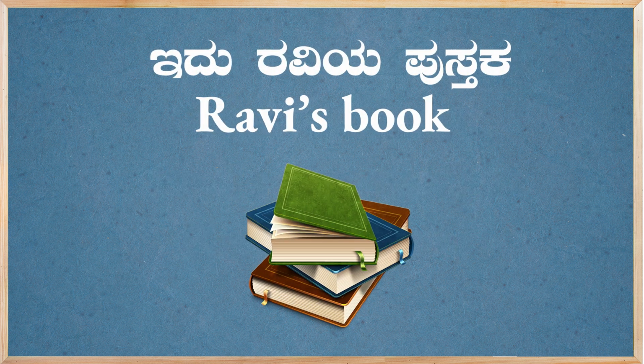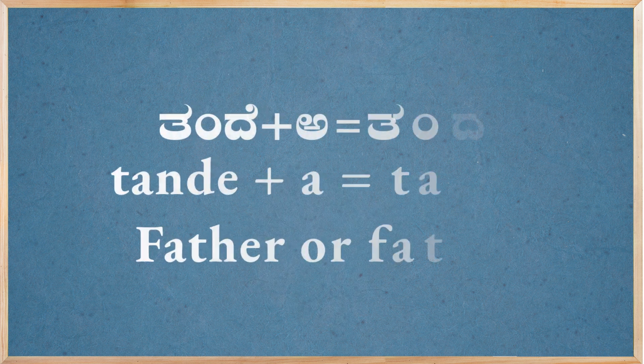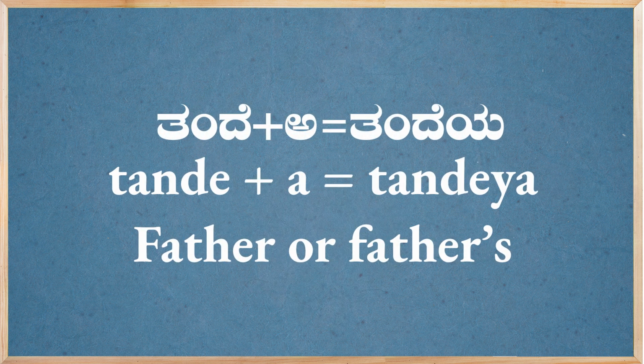Idu Raviya pustaka. This is Ravi's book. Similarly, Tande plus a becomes Tandeya. Please note that Tande has the sound ending with e. So, Tande plus a becomes Tandeya, meaning of father or father's.